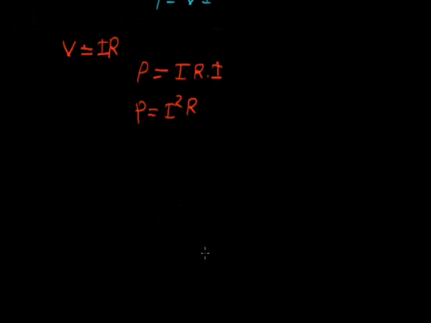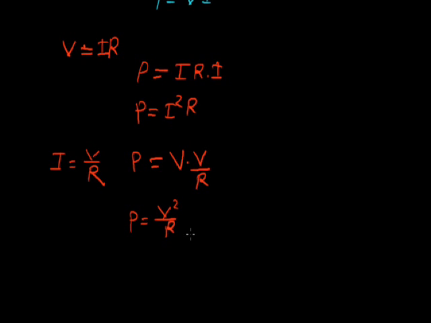Similarly, if I put I is equal to V upon R, we can get another result. P is equal to V into I, and in place of I we put V upon R, so we get power equal to V square upon R.